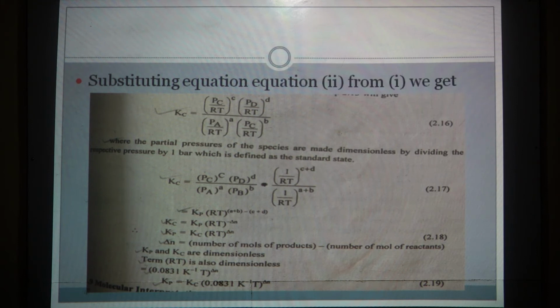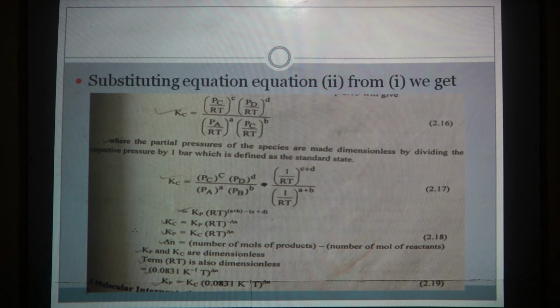Therefore, the above equation becomes Pc^c Pd^d upon Pa^a Pb^b into (1 upon RT)^(c+d) upon (1 upon RT)^(a+b), where Kp means equilibrium constant in terms of pressures.